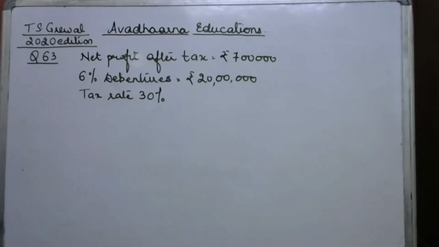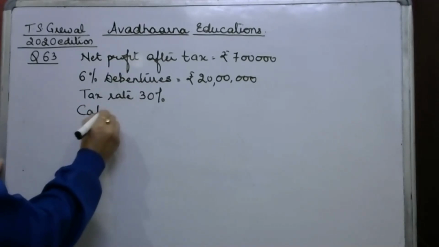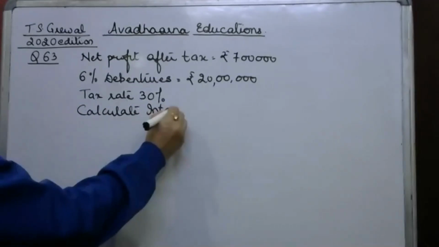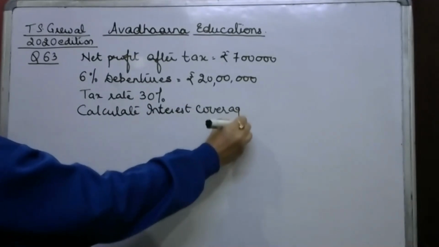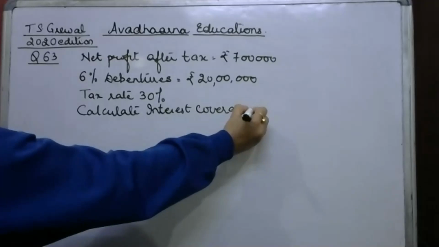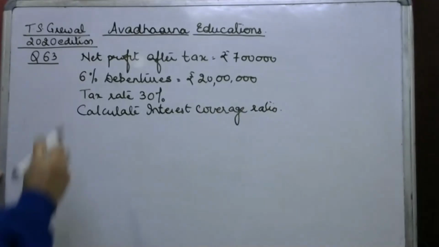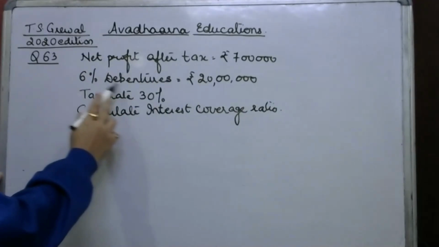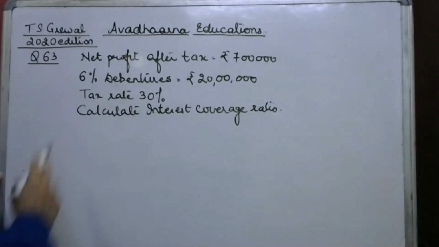We have to calculate interest coverage ratio, and we are given three things. First is net profit after tax 7 lakh, 6% debentures 20 lakh, and tax rate is 30%.